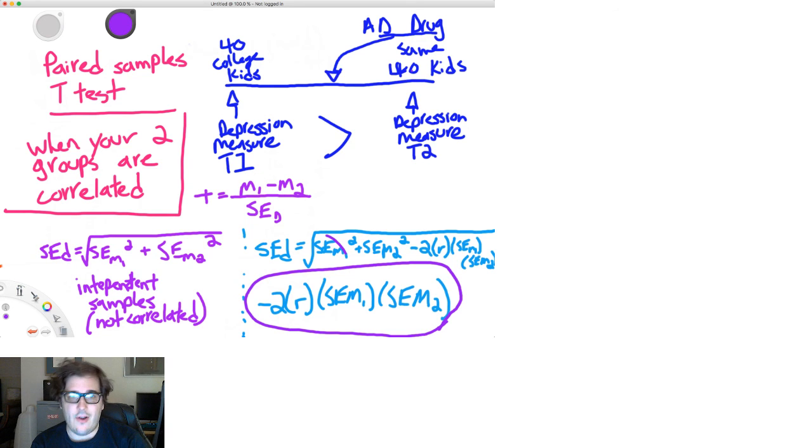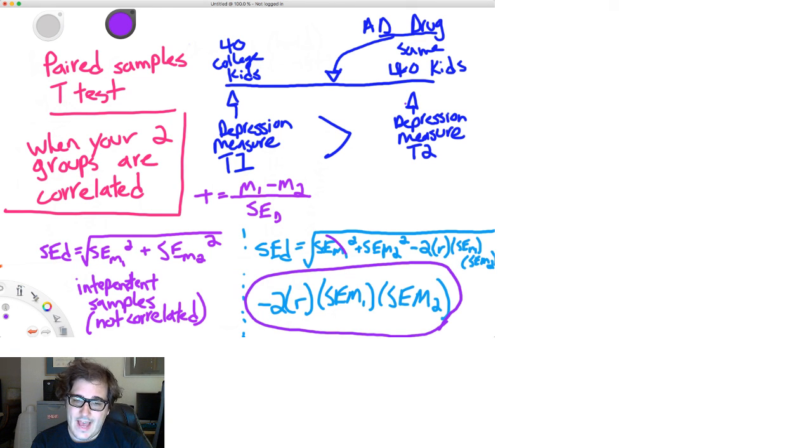Or if Sarah had very low depression at the beginning and took the drug, it would go down, maybe, but you'd always expect it to be lower than the others. So there is a correlation, a relationship between the measures in group 1 and the measures in group 2. So that's when you would use a paired samples t-test.